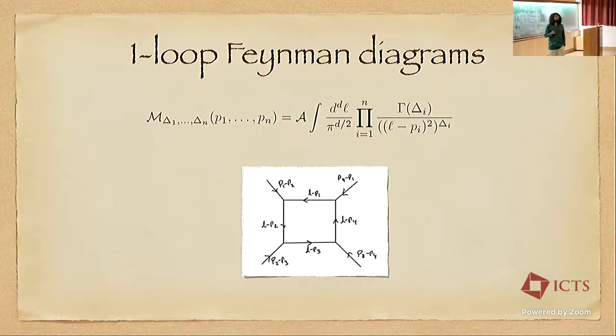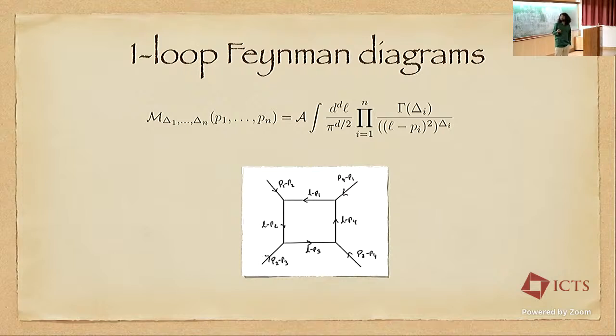So in the rest of the talk, we will draw diagrams without the external lines, because the same integral will stand for a diagram like this with any number of external lines, and the momenta that go in the denominator here get related to the external ones by momentum conservation.